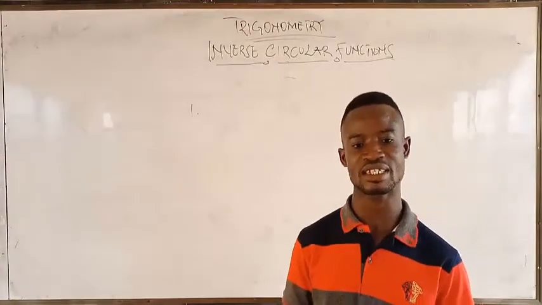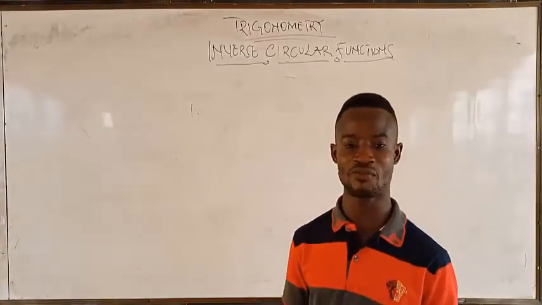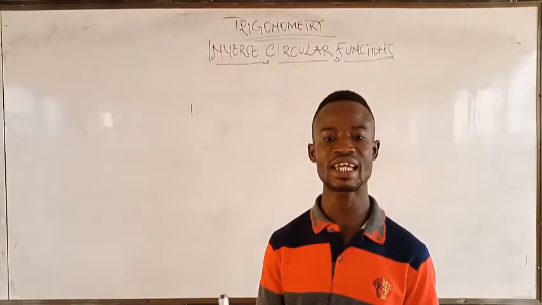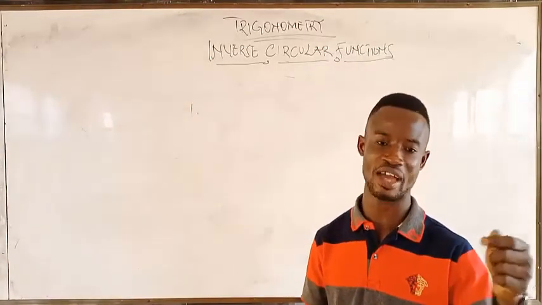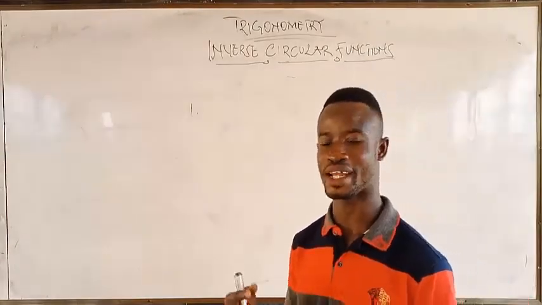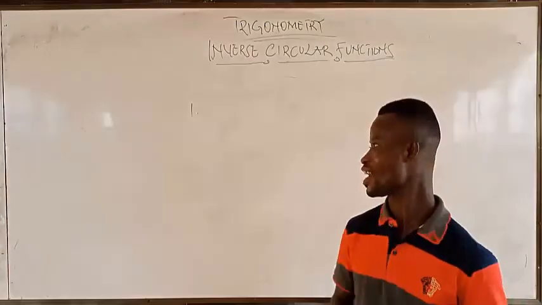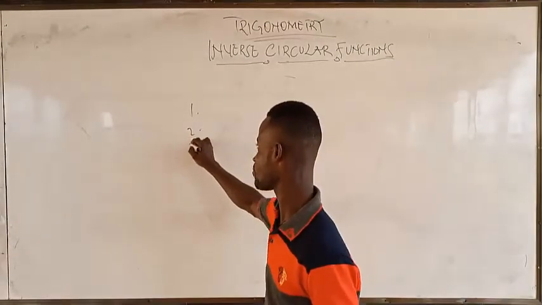So that is how it is. In a 1 to 1 function, each x value corresponds to only one y value, and each y value corresponds to only one x value. Beautiful. Alright, so that is the second part.